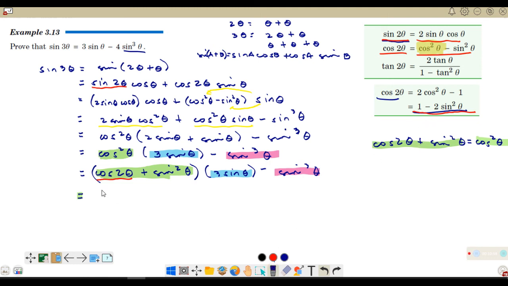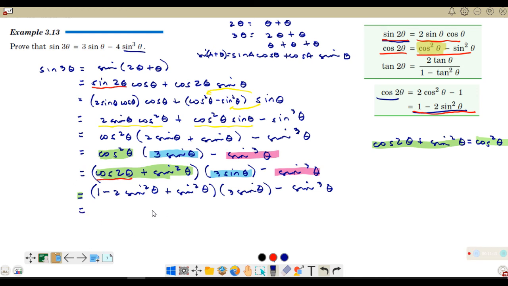You will be left with 1 minus 2 sine squared theta plus sine squared theta. Mumultiply natin siya by, ito pa rin, 3 sine theta. Bagsak pa rin siya. Minus sine cube theta. Dire-diretso lang tayo.